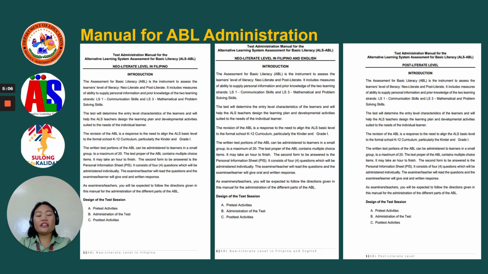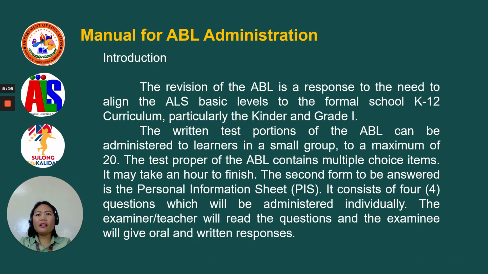These are the first pages of the manual for each form, and you can open your manual for further reading regarding the guidelines. For the Manual of Administration, the revision of ABL is a response to the need to align the ALS basic levels to the formal K-12 curriculum, particularly Kinder and Grade 1.